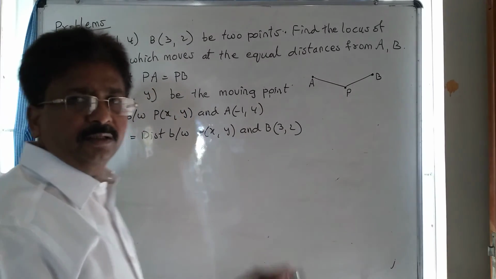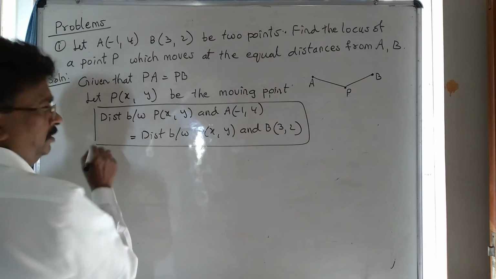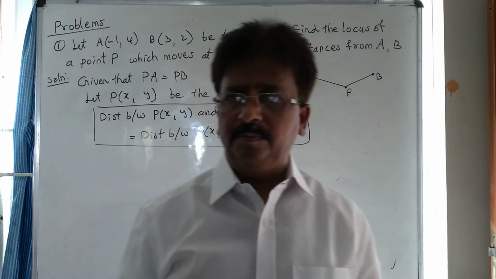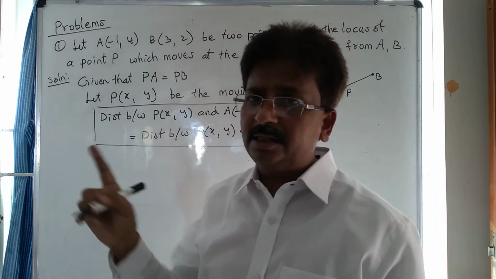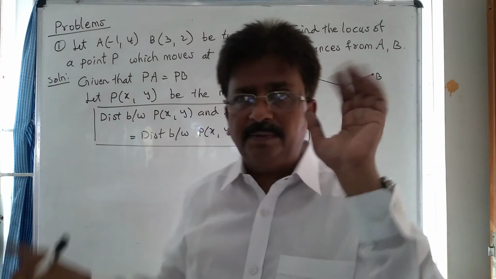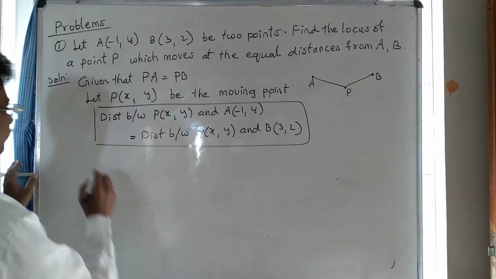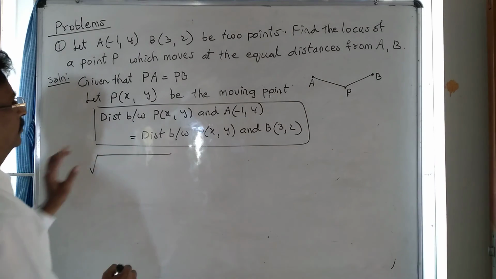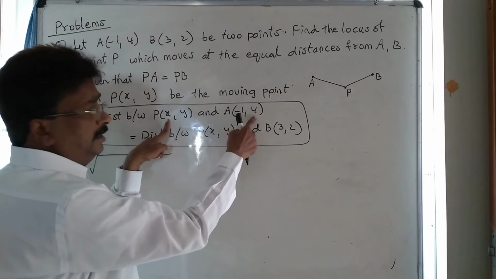No need to write these 2 lines in your answer paper, in your practicing. I have written for understanding purpose only. Directly you can write the distance between the 2 points formula. What is the formula? Under root of, P coordinates treated as x1 y1, this one x2 y2.